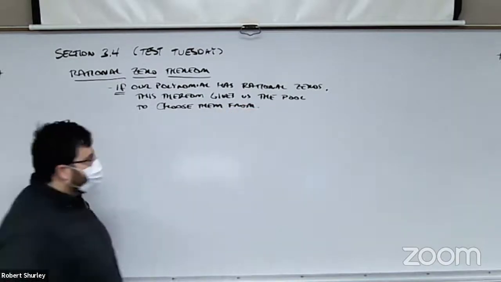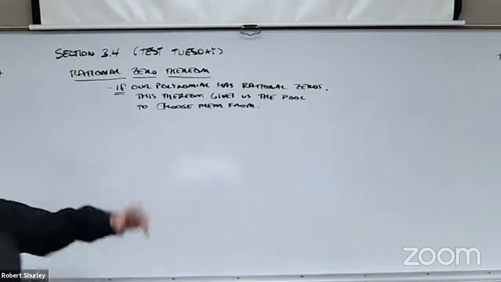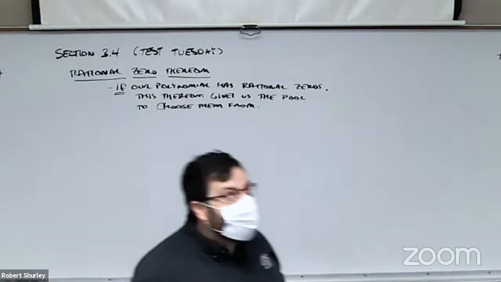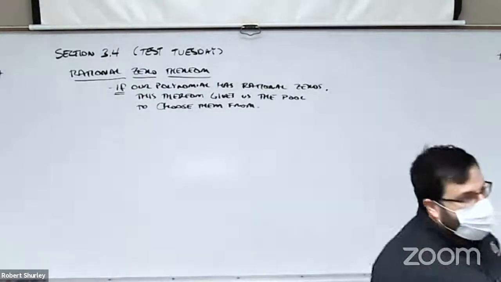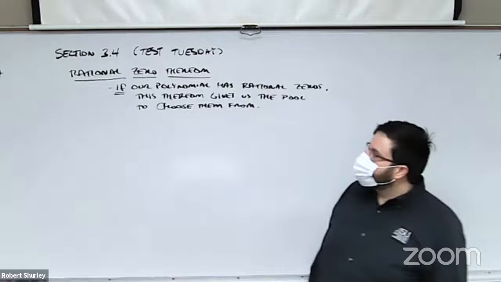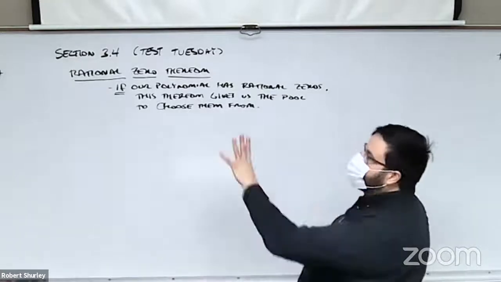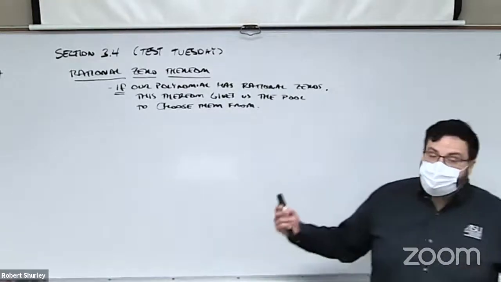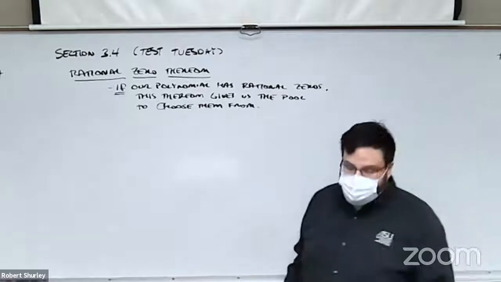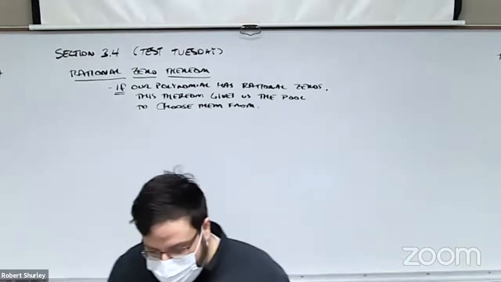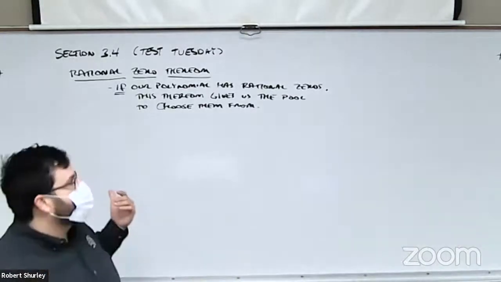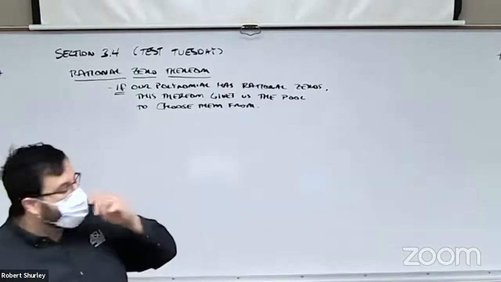This theorem will give us all the options. If the polynomial has rational zeros, it's going to come from this group. If it doesn't have rational zeros, it just doesn't come from this group. What we actually use are the factors of the constant and the leading coefficient.